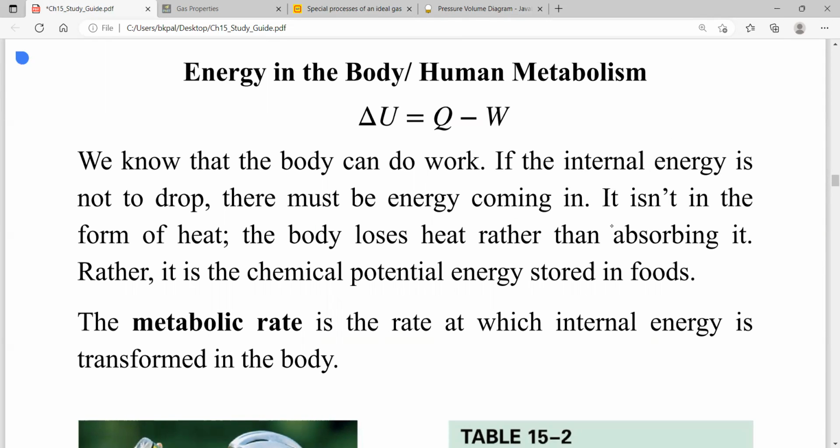So the first law of thermodynamics is delta U equals Q minus W. When you do work, that means work is done by the system. Heat also leaves from our body, right? So W is positive, and Q is negative, because heat is leaving the system.